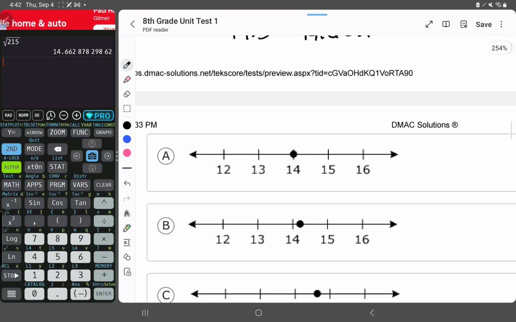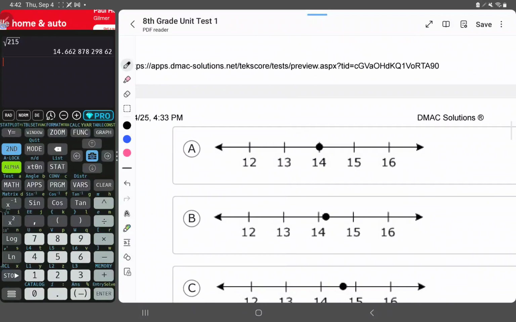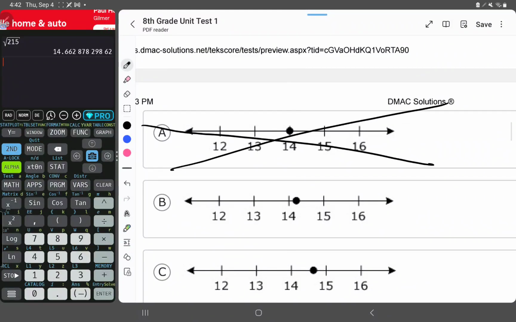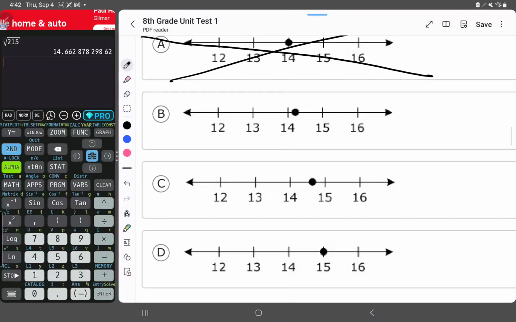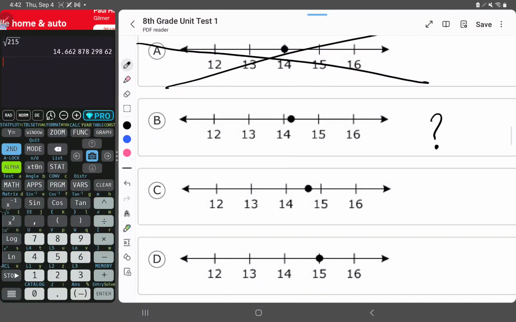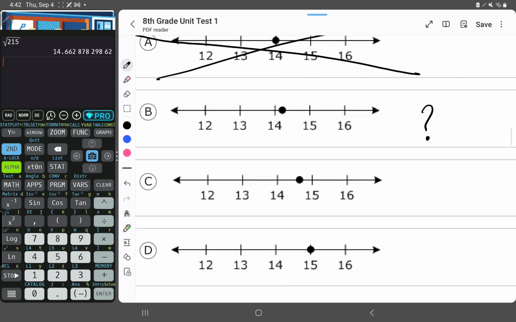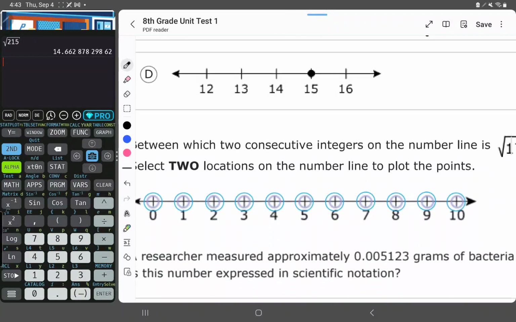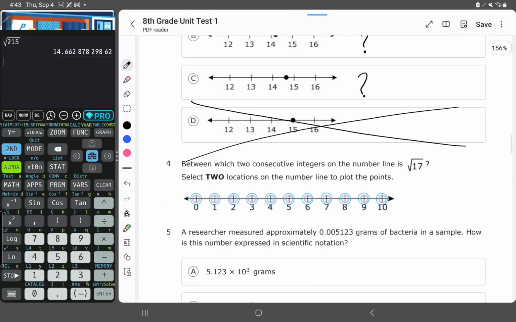So if we look here, this is right smack dab on 14. Well, this is 14.662, so it can't be right smack dab on 14. This comes after 14 and before 15, so that one could be it. This one comes between 14 and 15, and it's a little bit closer to the 15 this time, so that one could be it. And then this one is smack dab on 15, which that's definitely not it.